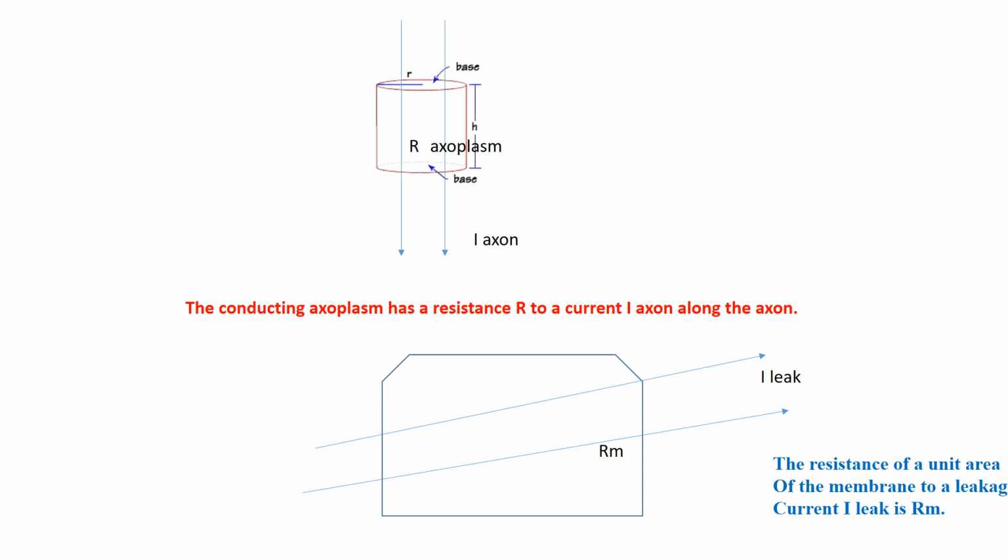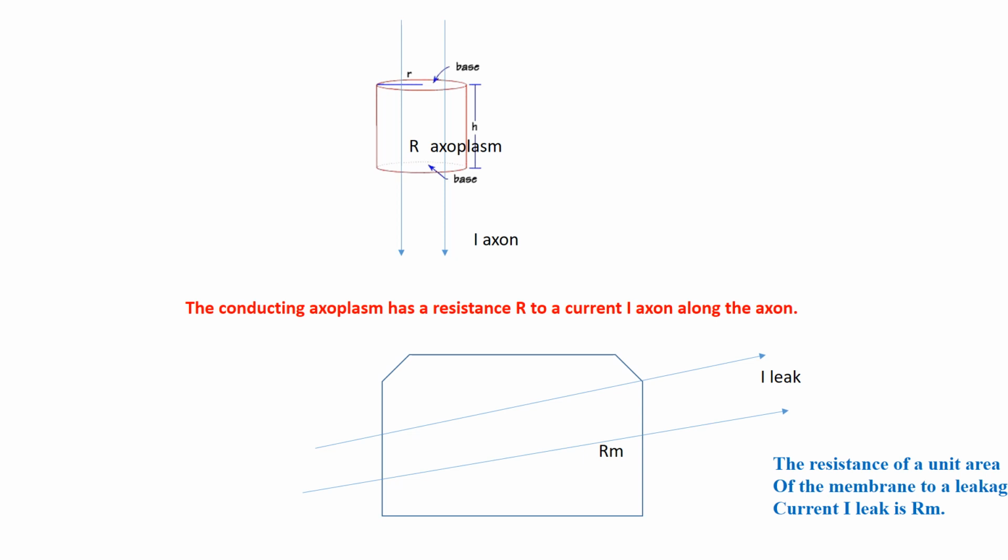So this is why most of the I axon leaks out through the membrane, and the leakage current is called I leak. I leak means the nerve impulses that leak out from the axon through the membrane to the surrounding interstitial fluid of our nerve system. Now, this Rm is a constant parameter, and you do not need to memorize it.